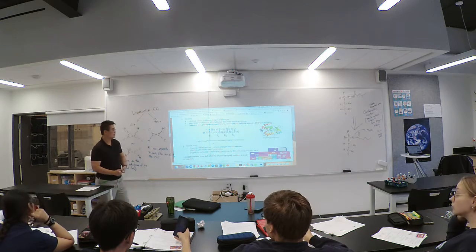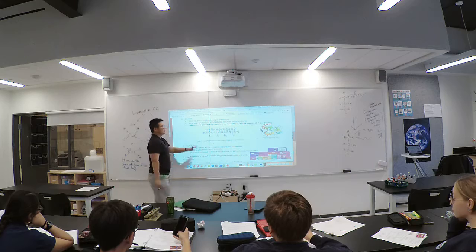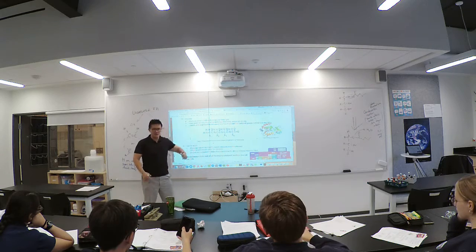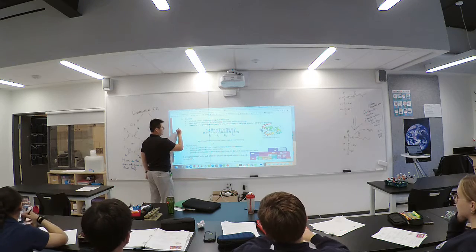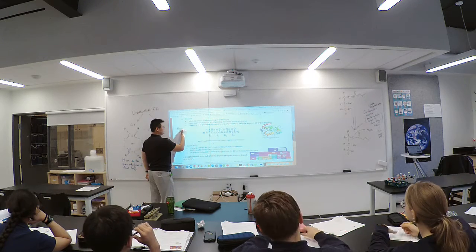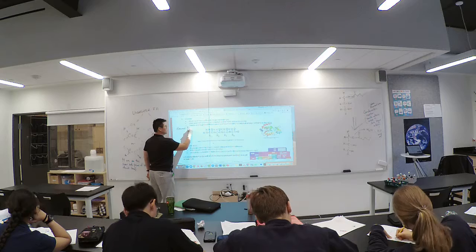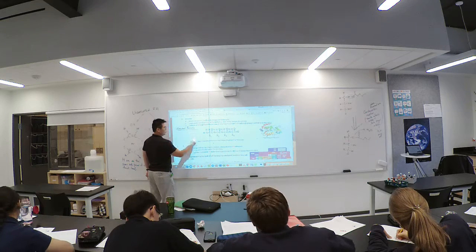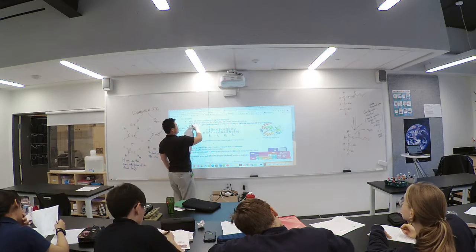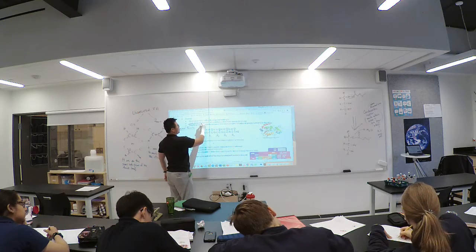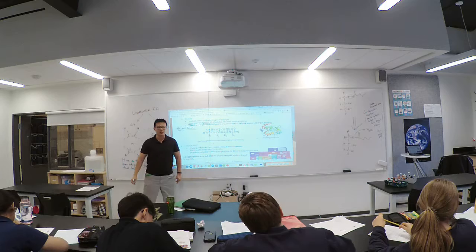Good. Now, proteins. First time you see it, there's a general formula. Proteins are large polymers of amino acids formed together.